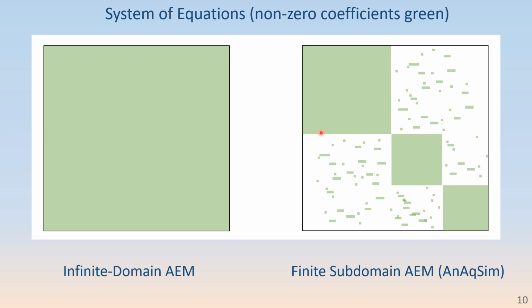On the right is the mock-up for an Anaqsim model with 3 subdomains. The 3 big blocks here that are all green with non-zero coefficients represent the equations and coefficients for internal boundary conditions.